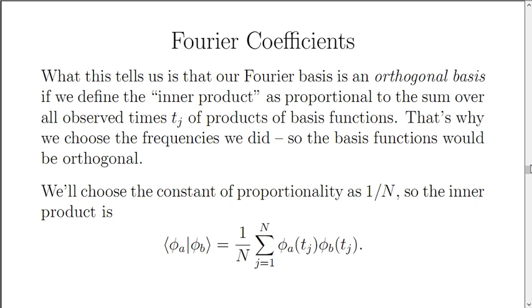But to make that happen, we have to define the inner product as proportional to the sum over all observed times of products of basis functions. That's why we chose the frequencies we did, so the basis functions would be orthogonal. We'll choose the constant of proportionality as 1 divided by the number of data points, so the inner product of two functions is 1 divided by n times the sum over all times of one function of time times the other function of time.